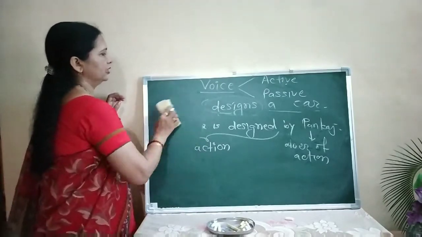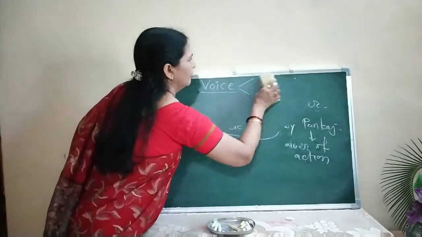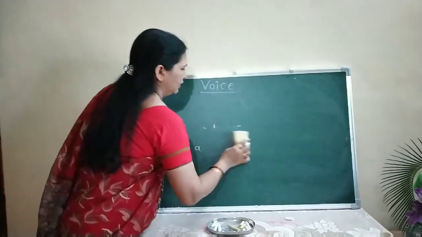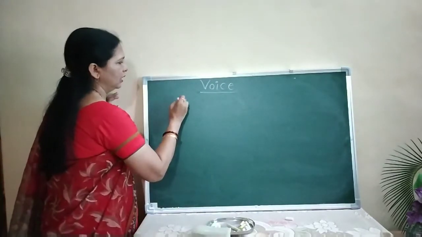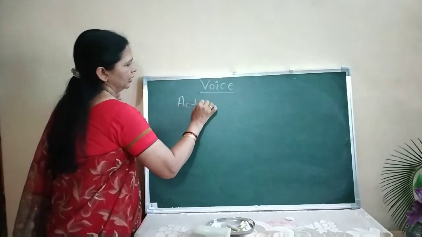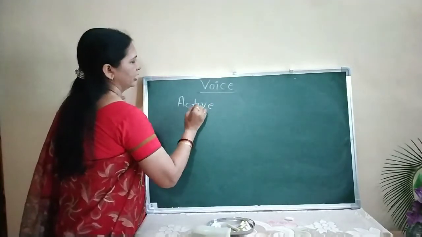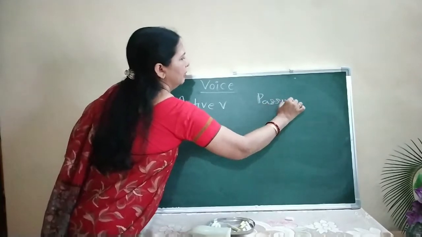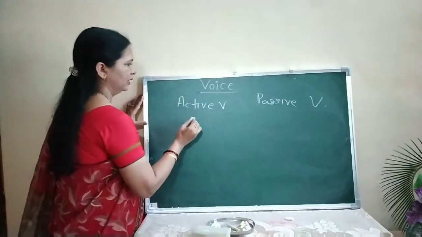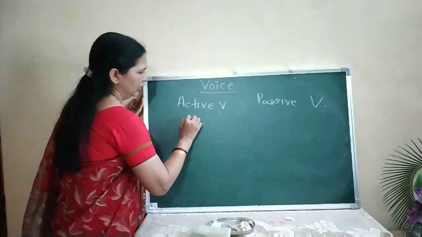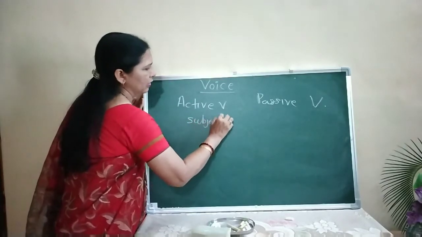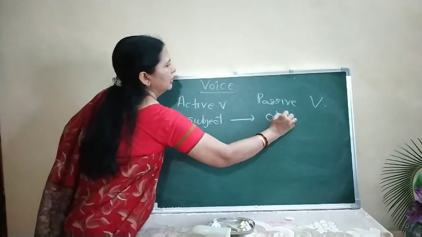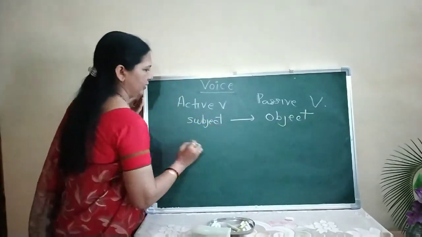Let me tell you the changes. How does this transformation take place between active voice and passive voice? See, when we change, the subject in active voice becomes the object in passive voice.